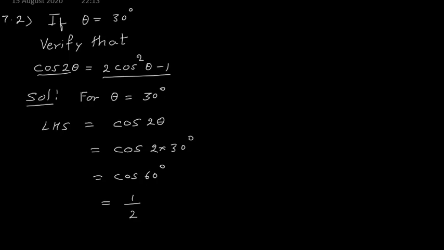This is LHS. Now let us see RHS. RHS is 2 cos square theta minus 1. So this is 2 into cos square 30 degrees minus 1.